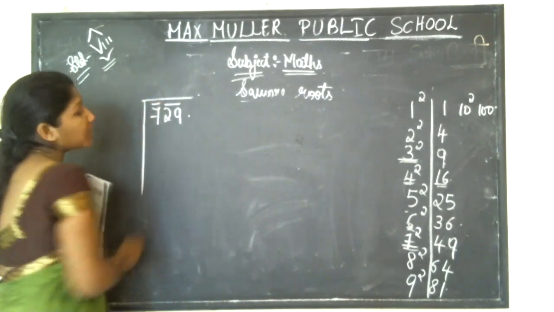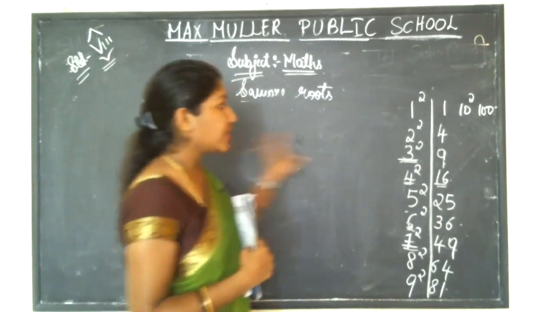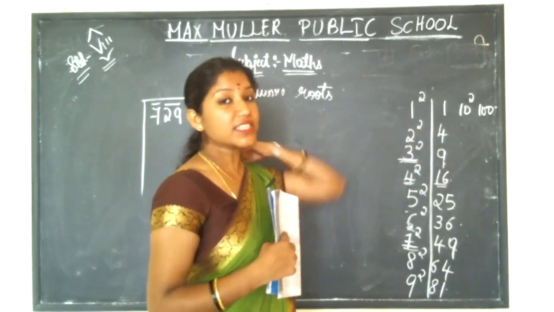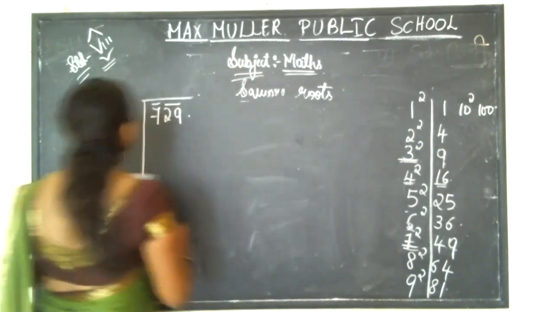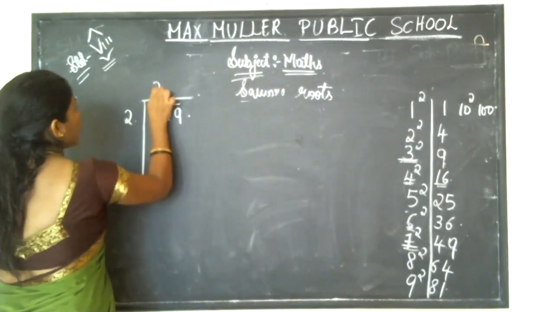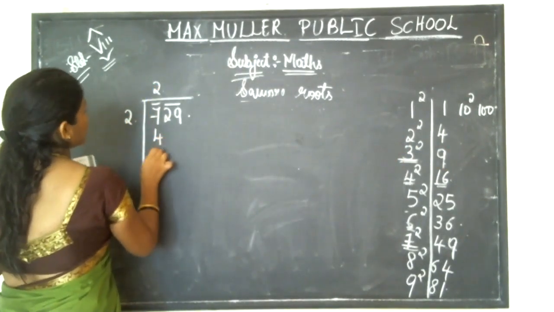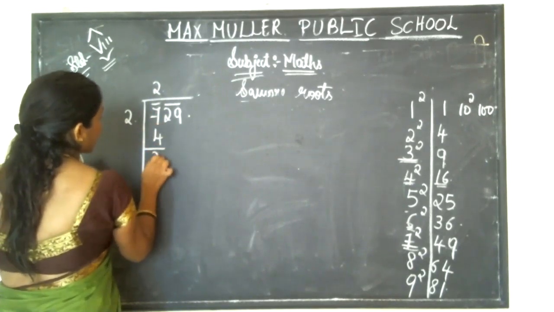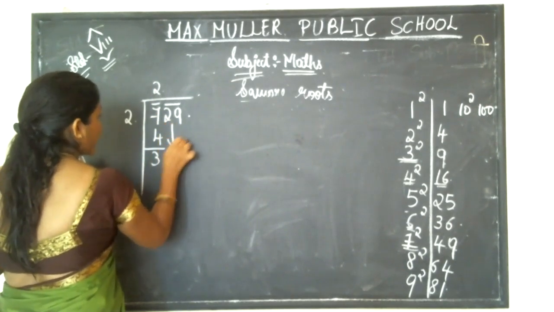The nearer value for 7 is 9 and 4; the smaller square number you have to take. So 2 2s are 4. So 7 minus 4 is 3, and 29.